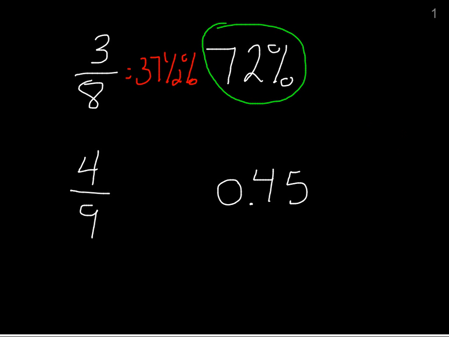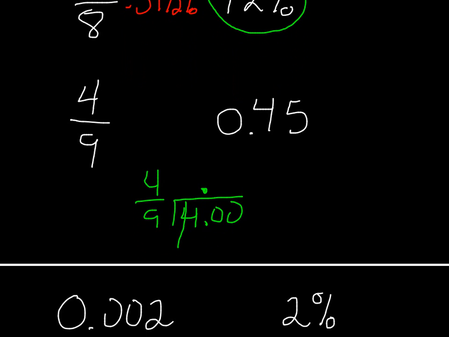The first thing I'm going to do is change 4/9 to a decimal. It'll be easier. So to do fraction to a decimal, remember you drop the top down into the box, add a decimal, add a couple of zeros, throw that decimal up on top. 9 goes into 40 four times, which is 36. Gives me 4 left over, and we see that that would just continue to repeat.